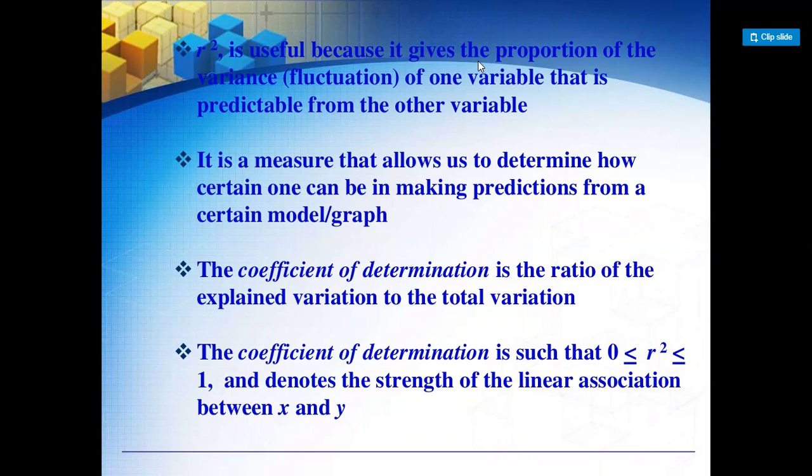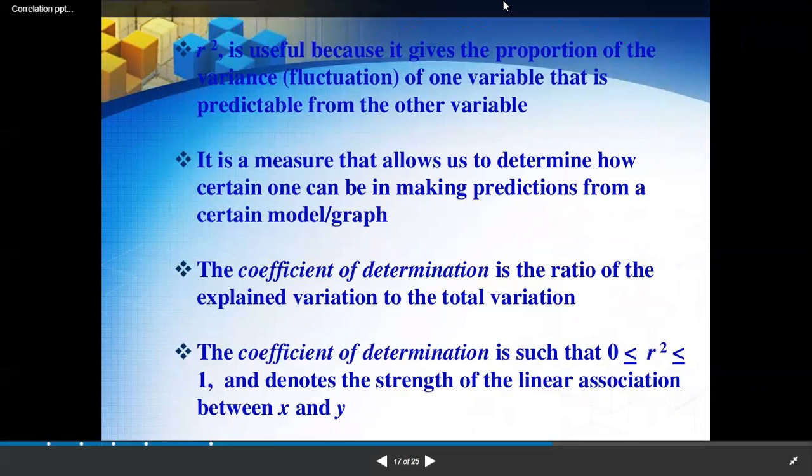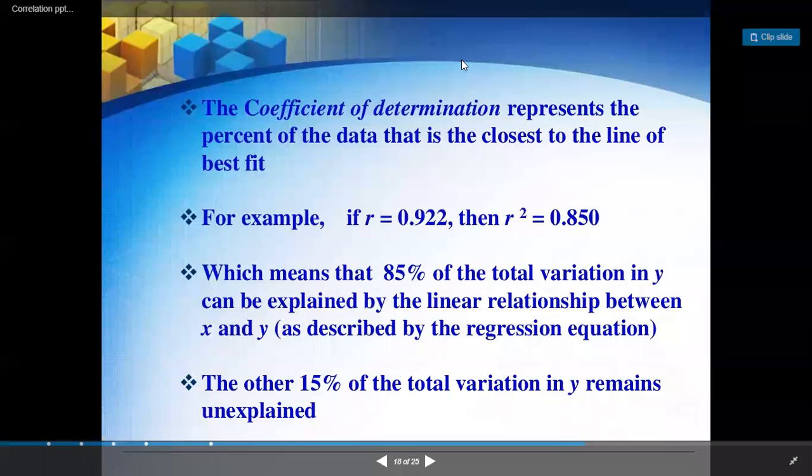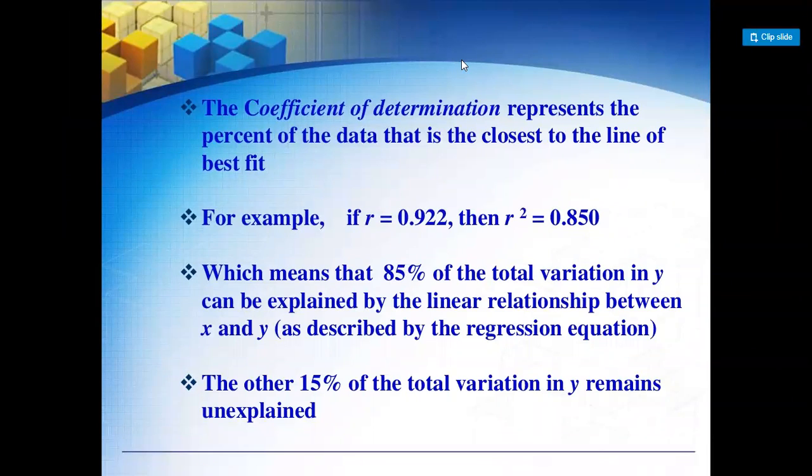It lies between 0 and 1 and denotes the strength of the linear association between x and y. I will send you the numericals of the step deviation method, direct method, or step method here.